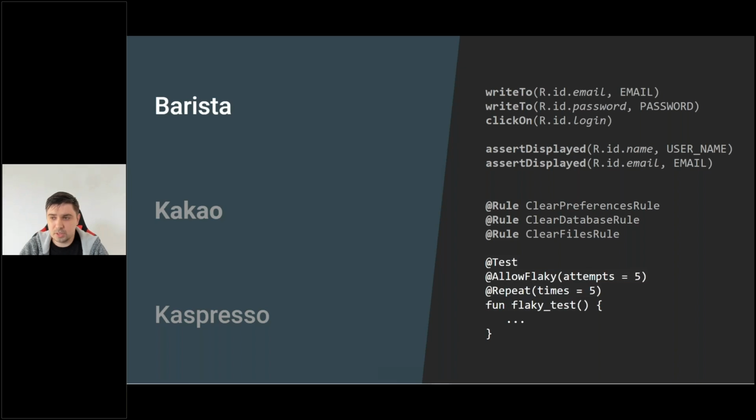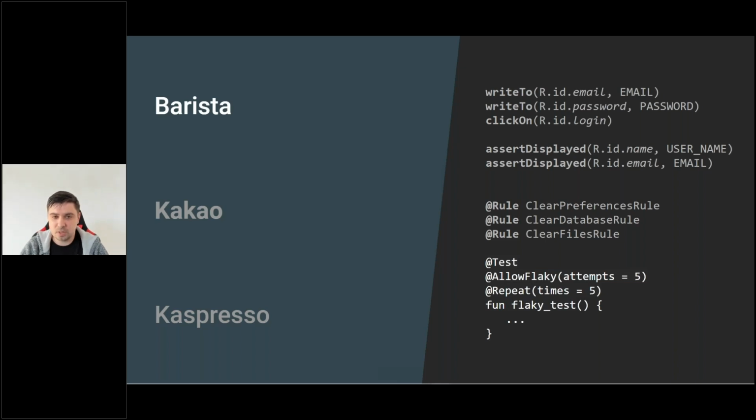It has two additional annotations which can be applied to the test case. It's allow flaky and repeat with an amount of attempts. So if we use the repeat annotation with 5 times, our test will be executed 5 times, and it will be green only when all 5 times everything works perfectly.